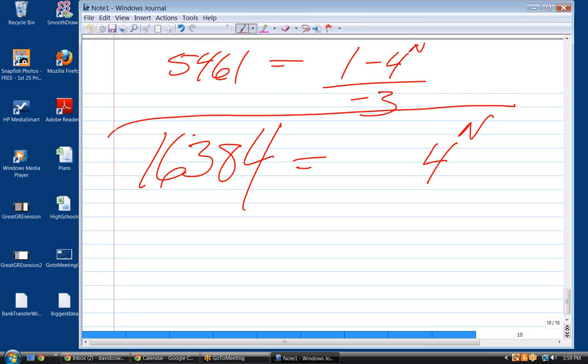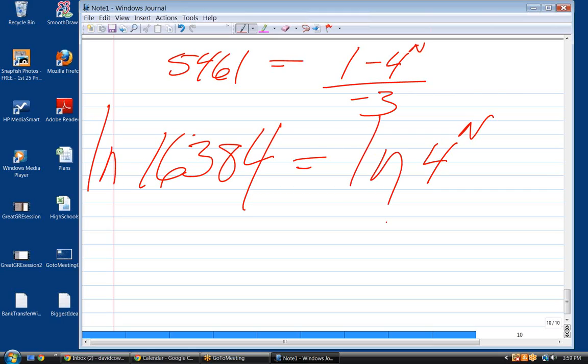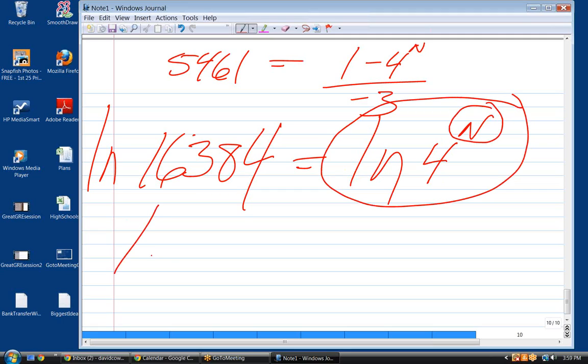Now, to solve this equation, because your variable is in the exponent, you take the natural log of both sides. The reason we took the natural log of both sides is so that we can now take the variable and get it down on the equation line.